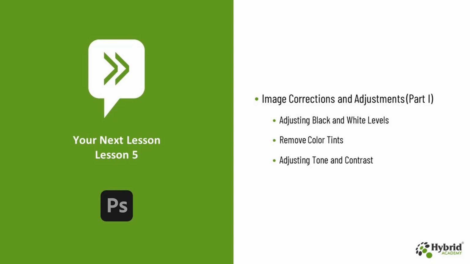So I have divided the sessions further into multiple parts. So in the next session, that is lesson 5, we will learn the first part of image correction and adjustment, and in that we'll learn to adjust the black and white levels. We'll learn how to remove the color tints, and we'll also adjust the tone and contrast of an image.